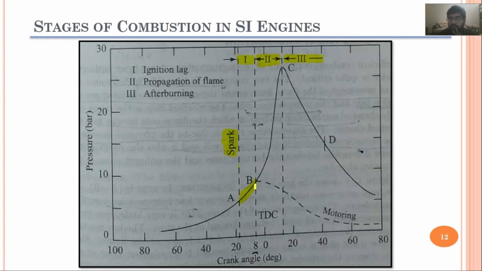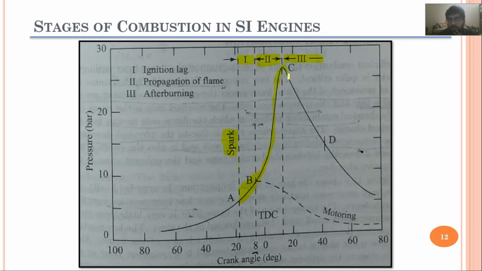The flame front is establishing and the flame is growing from A to B. It is not stable yet, but after reaching point B, the flame has been stabilized, and now the combustion will occur throughout the combustion chamber and it will occur rapidly. This phase is called propagation of flame, because now the flame is propagating throughout the combustion chamber.